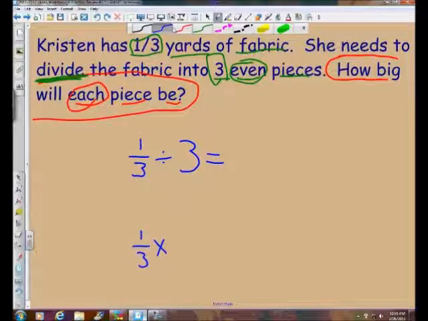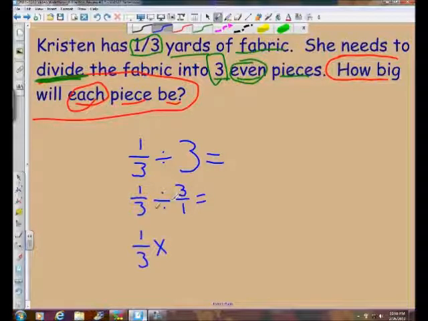I move that down. If you're working at home and you're writing with pencil, you can pause the video and then kind of fix that. All right, so now we've got 1/3 divided by 3. Well, 3/1 is the same as 3, because every fraction is a division problem. You could say 3 divided by 1 still equals 3, right?